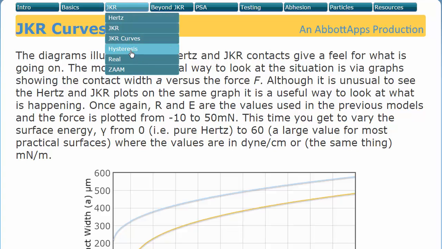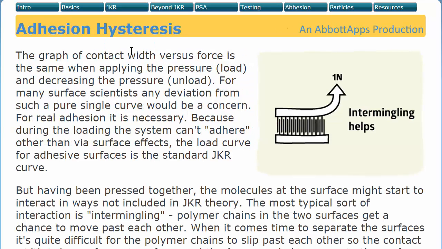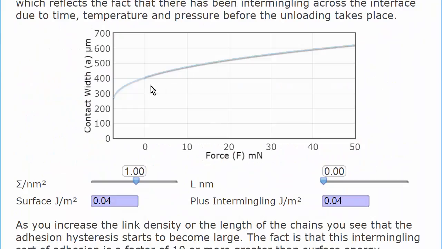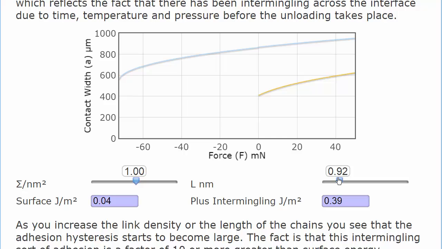Well, it turns out that when you do these experiments for real, you don't get a simple JKR curve. And this is because intermingling starts to help with this. This is the standard JKR curve, and this is what you would see during loading. At 0 force, you still have a contact width of 400 microns.